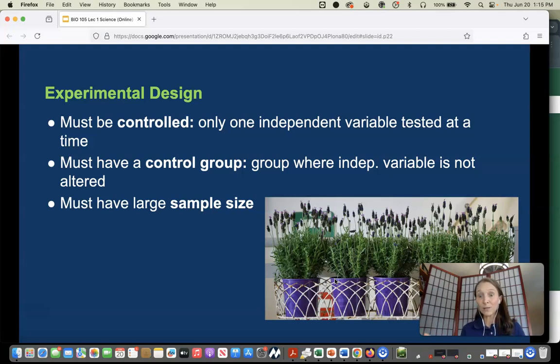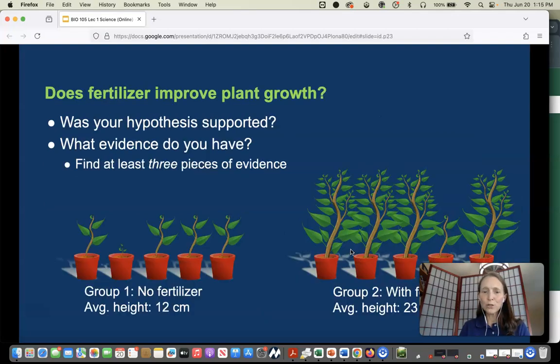Larger sample sizes will accommodate for these variables that we just don't know are in our experiments. Again, we're dealing with living organisms, and these living organisms are going to grow at different rates on their own anyway, so we have to account for those slight differences with large sample sizes. The larger the sample size, usually the more accurate your experiment is.